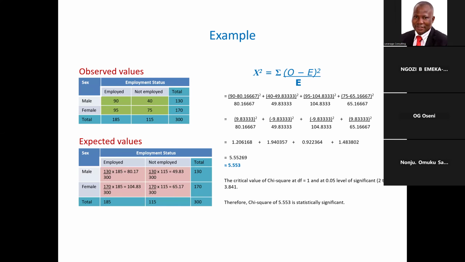So, observed and expected. If you look at it, you are looking at the difference between what you have and when there's no difference between the two. If all values are the same, there's no difference between, for example in this one, male and female, it's the expected value you get.